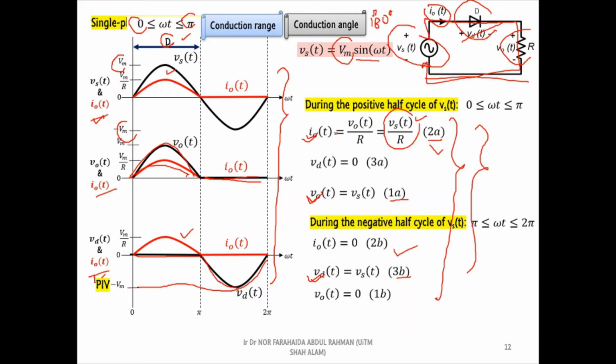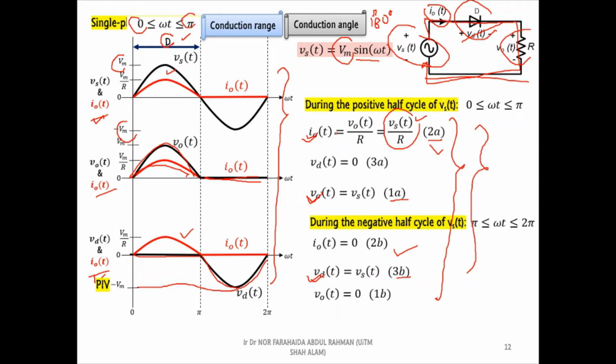Next, when we compare the voltage waveforms on the top and middle axis, we can see that the voltage waveform on the top axis is AC voltage, while in the middle axis, it is DC voltage. Hence, these waveforms have verified that the rectifier has converted the AC voltage to DC voltage.